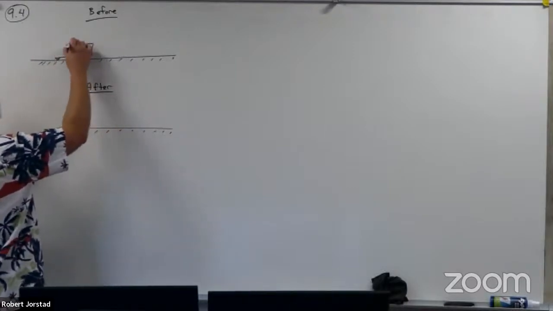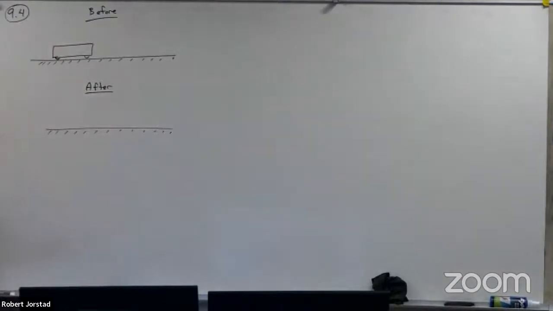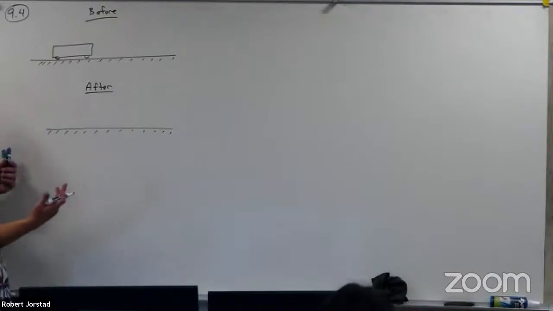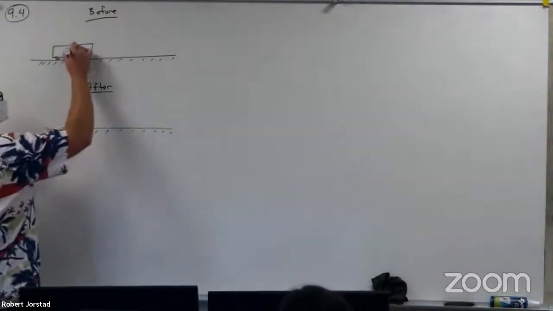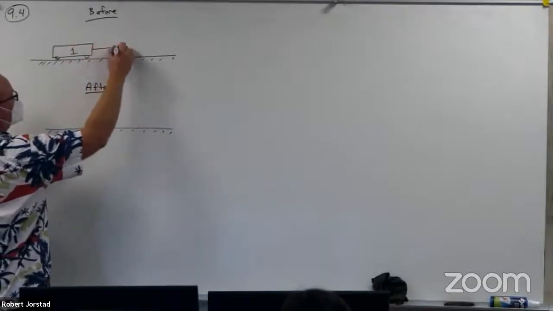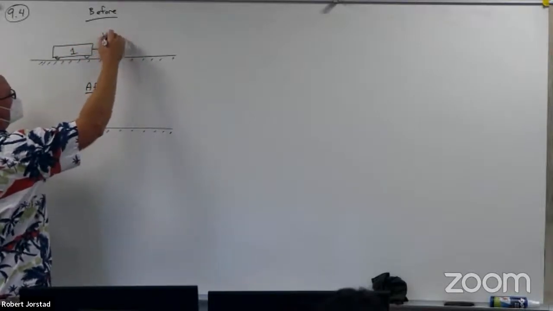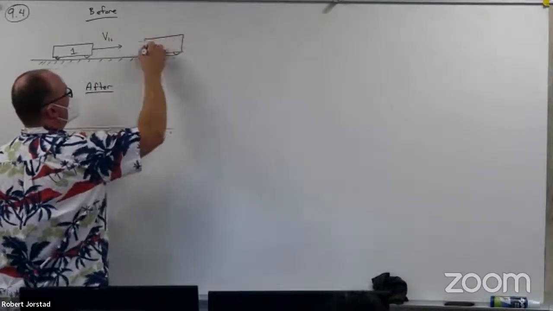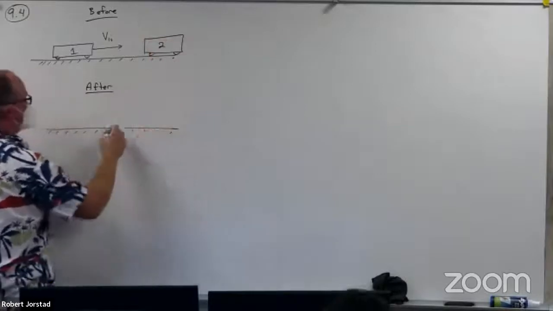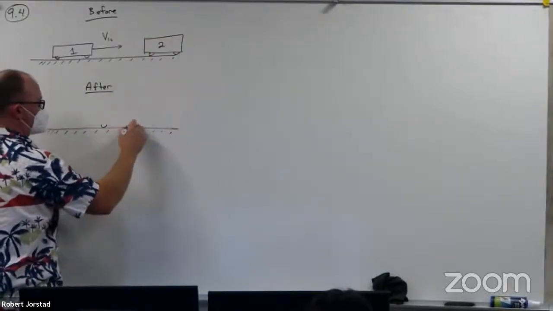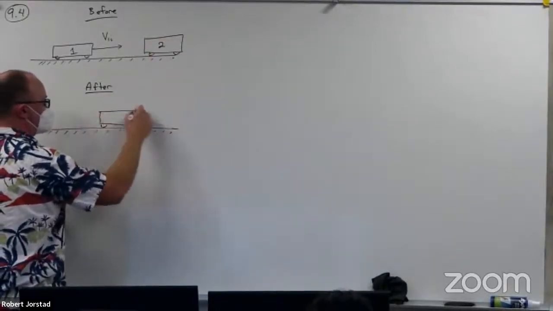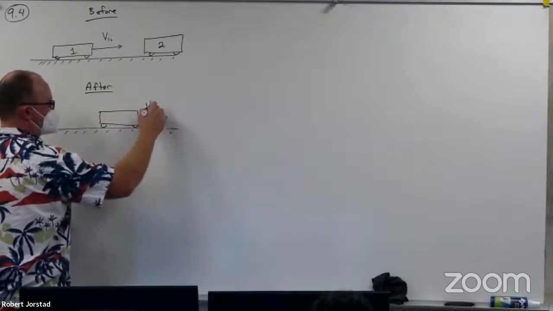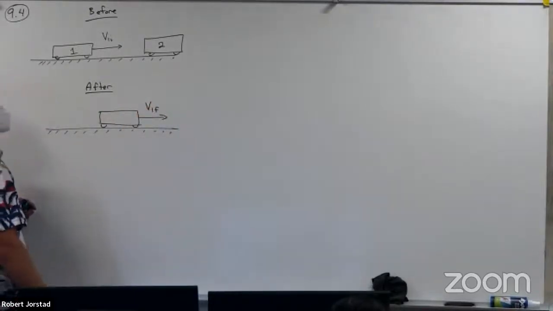The wheels are actually just there to basically allow us to think of these as sliding without friction, right? So we use these little wheels. This is effectively a block that's sliding with negligible friction. That's what the wheels do. So this was object 1. This is object 2. And afterwards, they collide. One is still moving this way, but maybe at some different speed.